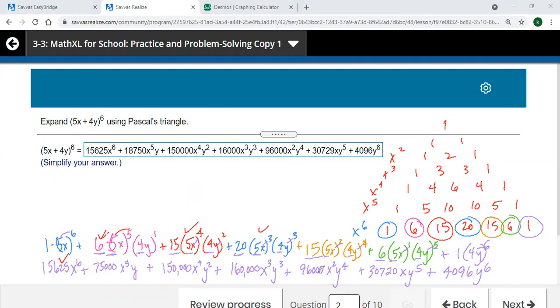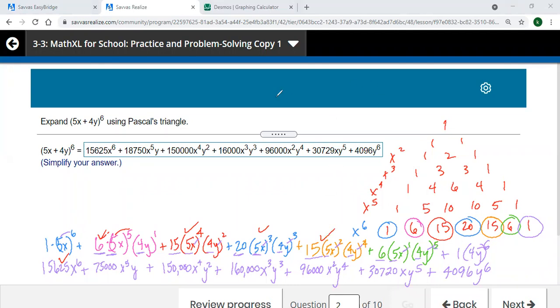The rest of these seem reasonable because they go down. But let's see, 15 times 5 to the 2nd times 4 to the 4th, 96,000. 6 times 5 times 4 to the 5th, 30,720.